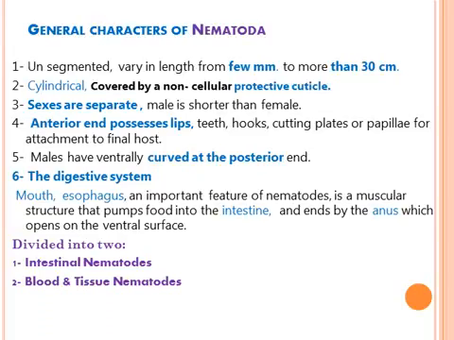The digestive system consists of one segment, so it starts with the mouth, esophagus, and there is an important feature of nematodes, a muscular structure that pumps food into the intestine, and it ends by the anus, which opens on the ventral surface. The nematodes are divided into intestinal nematodes, where the adult is found in the human intestine, and blood and tissue nematodes, where the species are found in the connective tissue or in the blood.